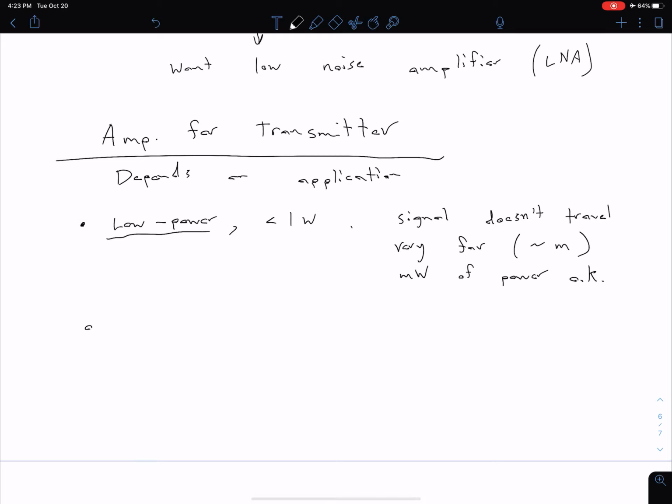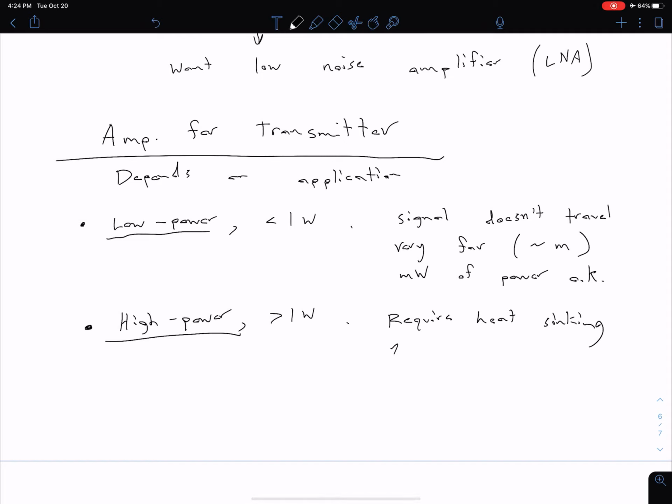So of course the dual of that would be a high power transmitter amplifier. And so let's just, in keeping with the definition above, say our high power is going to be greater than 1 watt. So typically for these high power transmitter amplifiers, we're going to require some type of heat sinking or some other type of heat dissipation. Maybe we have fans as well.